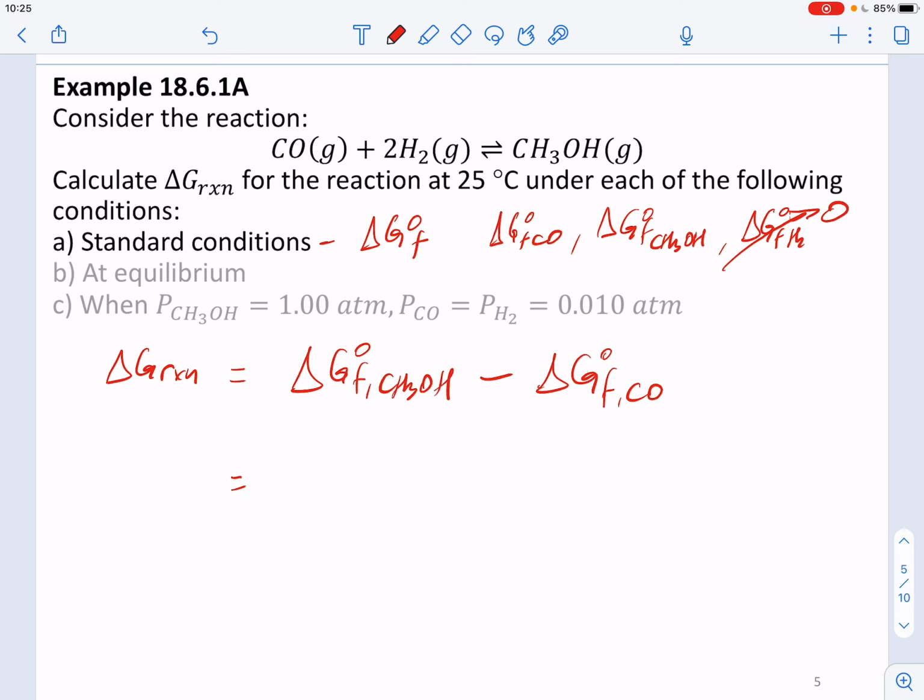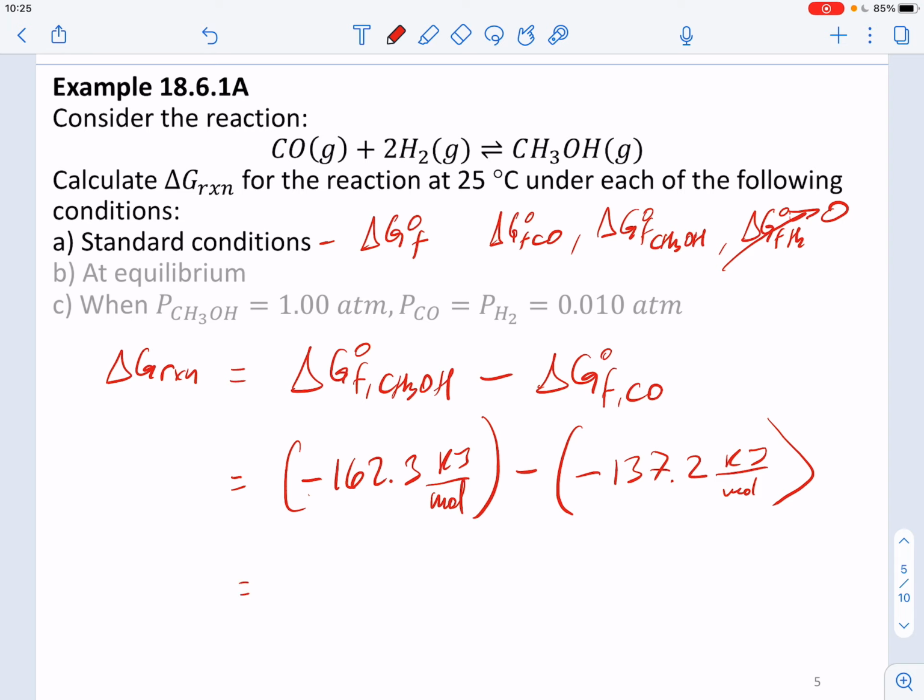But the delta G of formation for methanol is equal to minus 162.3 kilojoules per mole, and the delta G of formation for carbon monoxide is minus 137.2 kilojoules per mole.